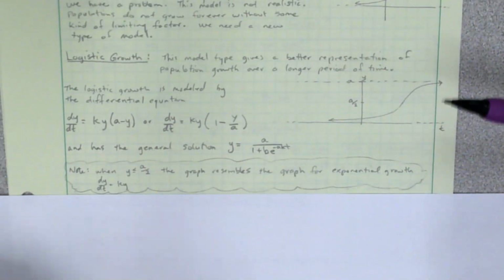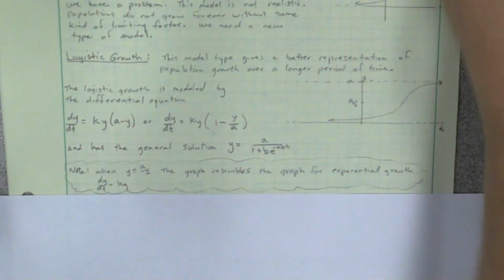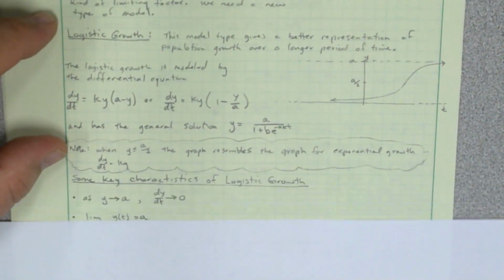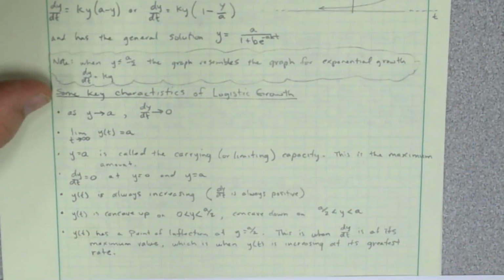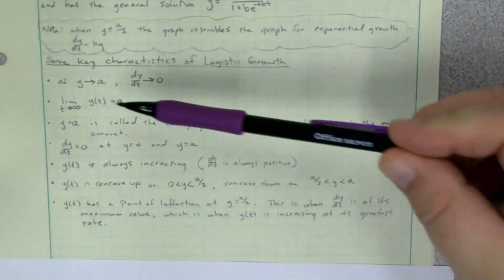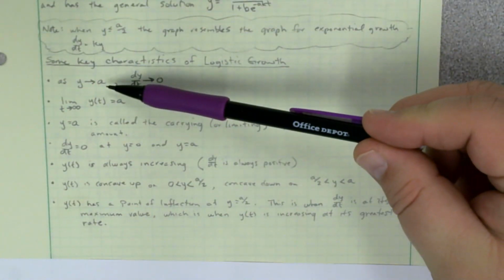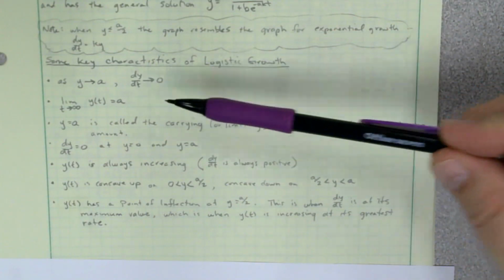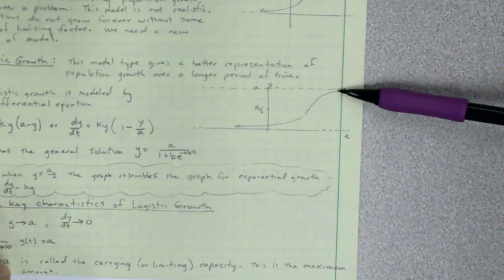With that in mind, we're now going to look at some characteristics that will be asked of you on the AP exam. Things you need to know about the logistic growth. As y approaches a, dy/dt will approach 0. Well, what is a? A is this top number up here.